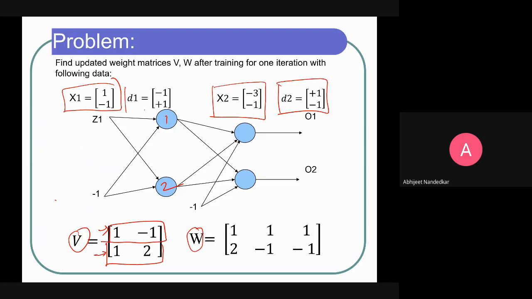So this will be 1 here, -1 here, and this will be 1 and 2 here. Similarly, this is weight for neuron number 1 in the output layer. This is weight for neuron number 2. So this will be 1, 1, 1 here, and 2, -1, -1 here. So this is how we randomly assume V and W.